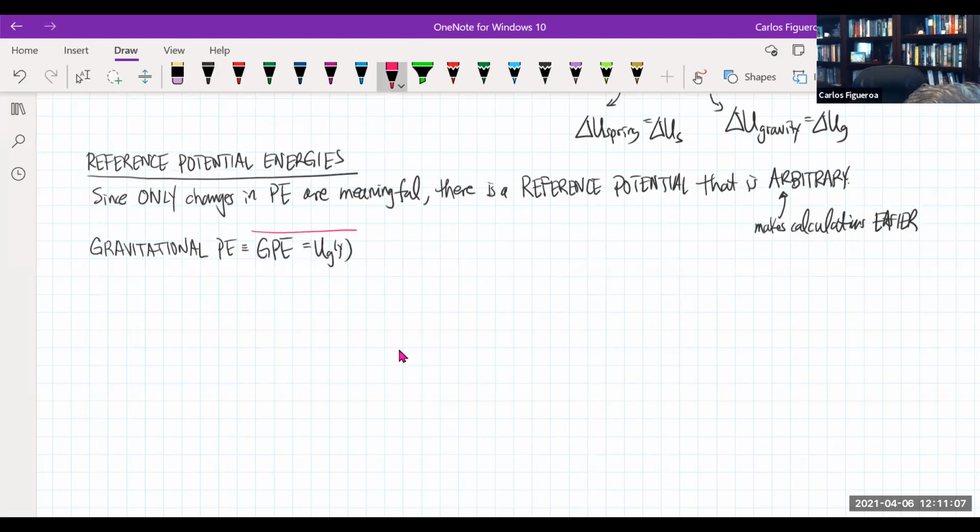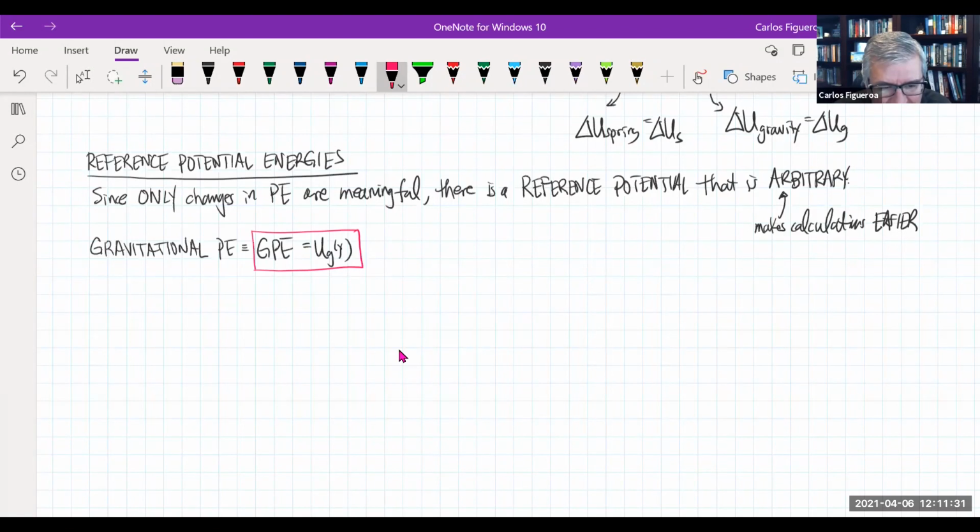So check this out. This is the notation that you're going to see me use a fair amount of time. If we know that we're dealing with only gravitational potential, I'll just write PE. If I'm only talking about spring potential, I'll also write PE. But if I have to mix them, then I will differentiate them. So here's what we know.